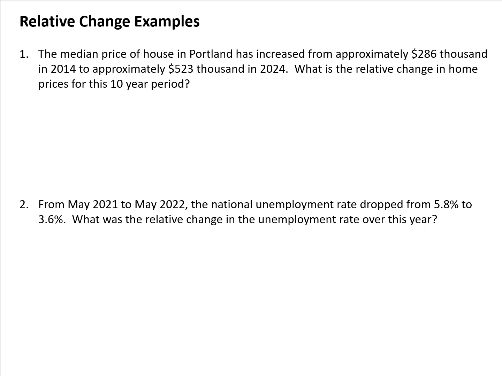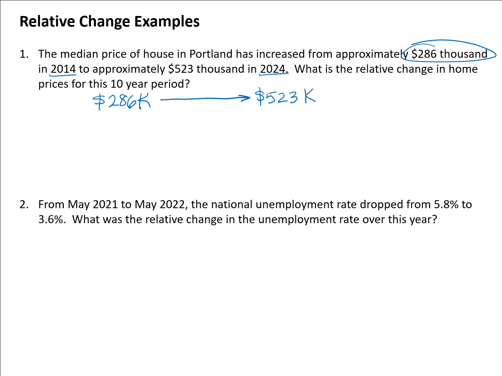When we look at relative change, I think it's important as a starting point to think about what came first, what came second. So here we're talking about in 2014 a price of $286,000, and I'll put a K there after it. And then we're going out 10 years, and in 2024 the average or median home price was $523K.